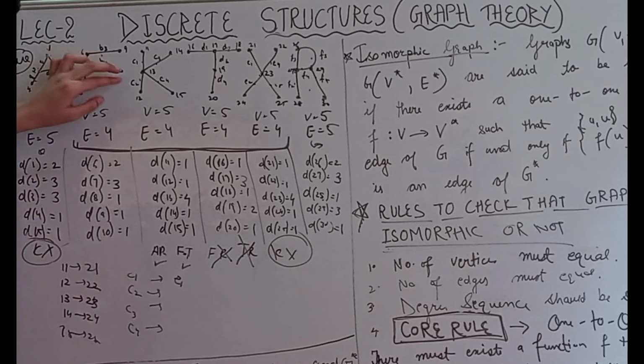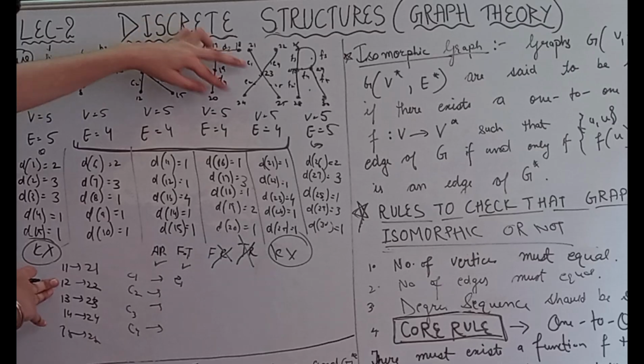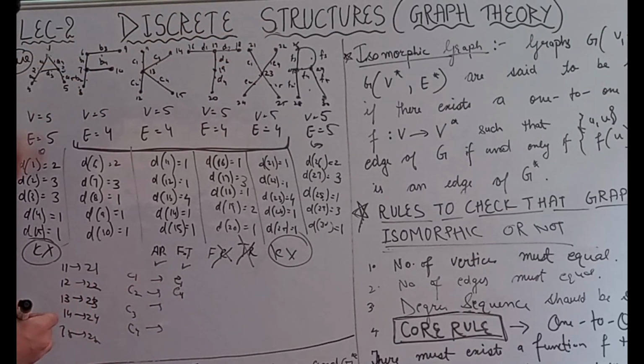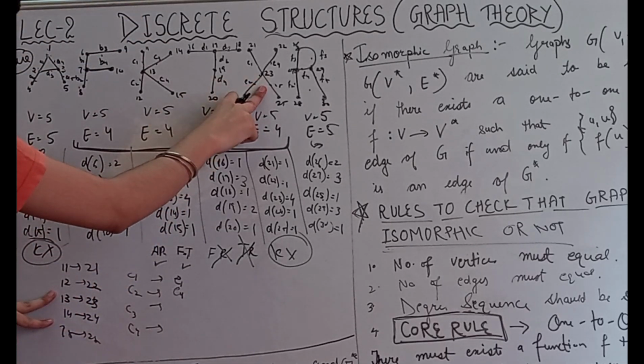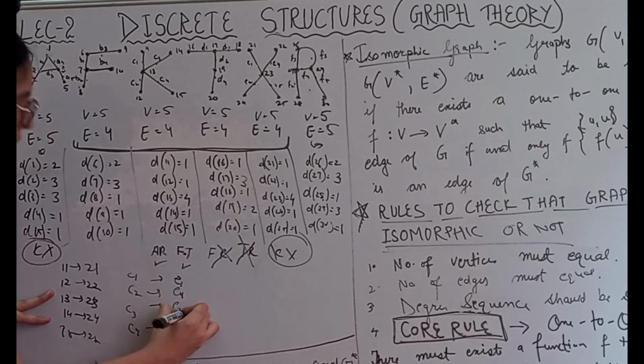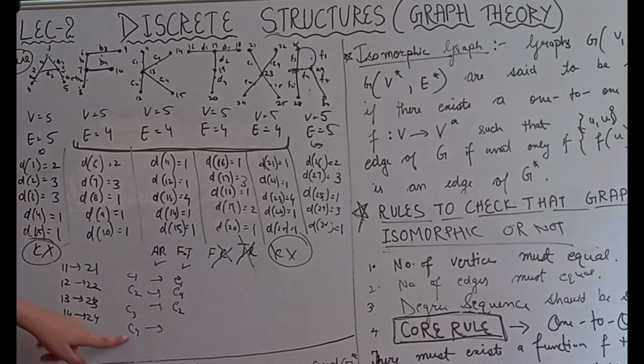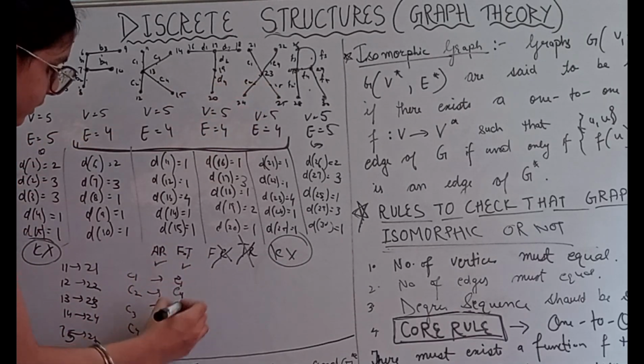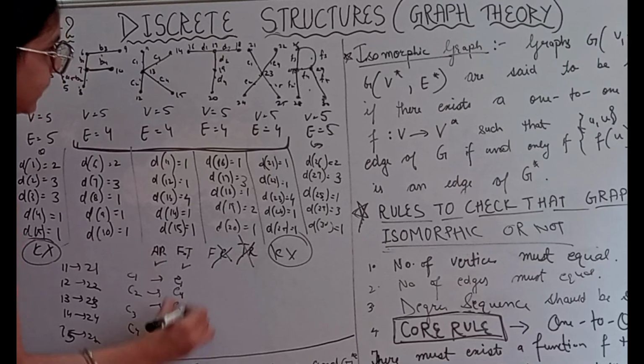Next C2 is from 13 to 12 or 12 to 13, 22 to 23, so it will become E4. Next C3 is from 13 to 14, which means 22 to 24, 23 to 24, so it will correspond to E2. And next we are left with C4, 13 to 15, which means 23 to 25. In the graph X we have E3.